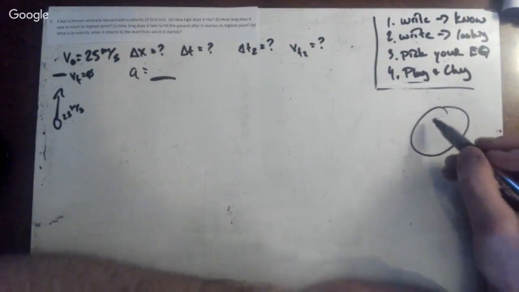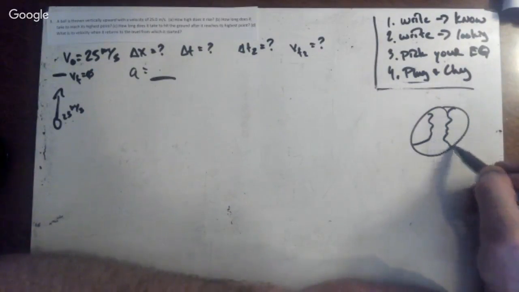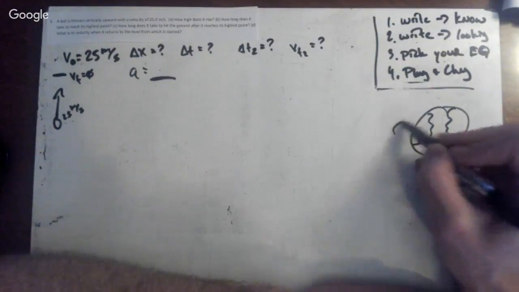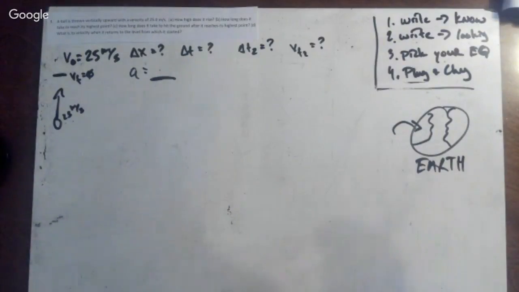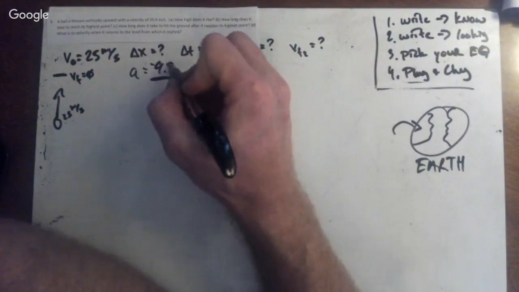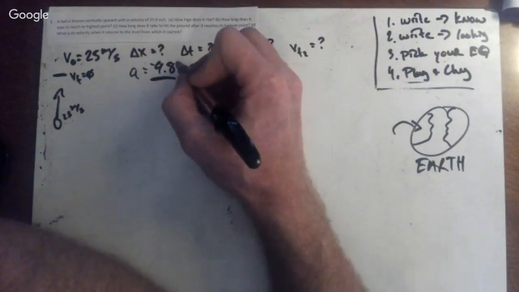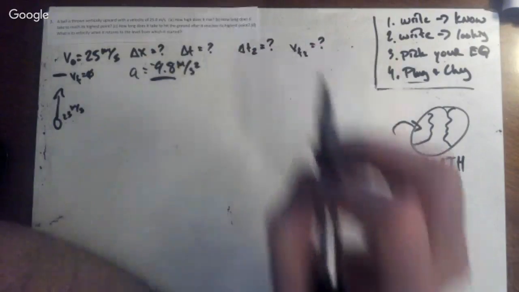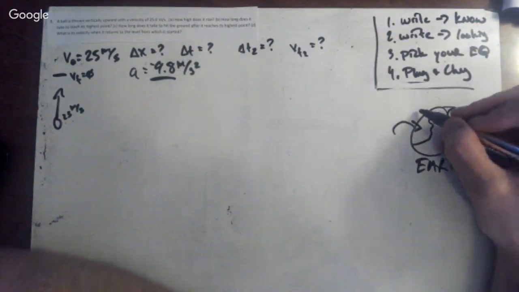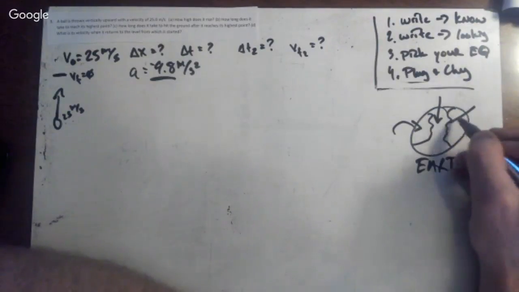Unless it says something different, we can reasonably assume that everything that we do in physics happens on Earth. And on Earth, our acceleration due to gravity is negative 9.8 meters per second squared. That negative just means that the acceleration is towards the center of the Earth.